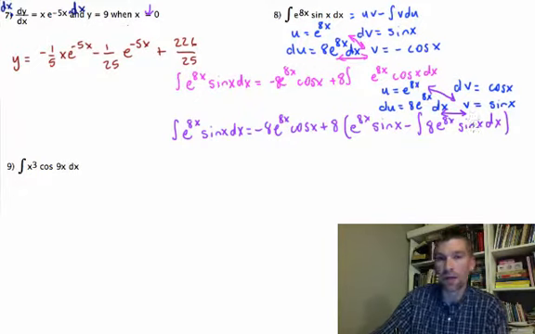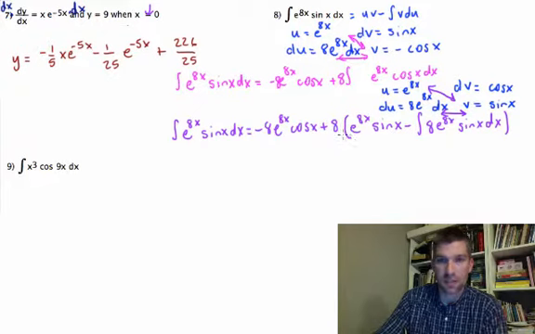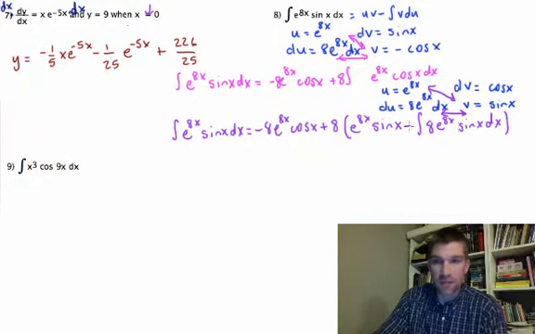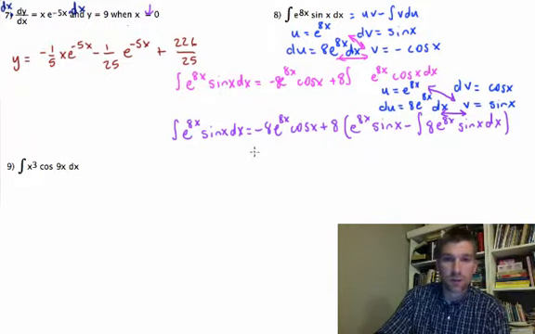So I'm going to simplify this and clean this up just a little bit, not a whole lot actually, but I do want to simplify this down because I can bring the 8 from here in front. And when I do that, notice that I want to have e^8x sine x, and here I've got e^8x sine x. So watch what this does. This is going to give us then this guy.